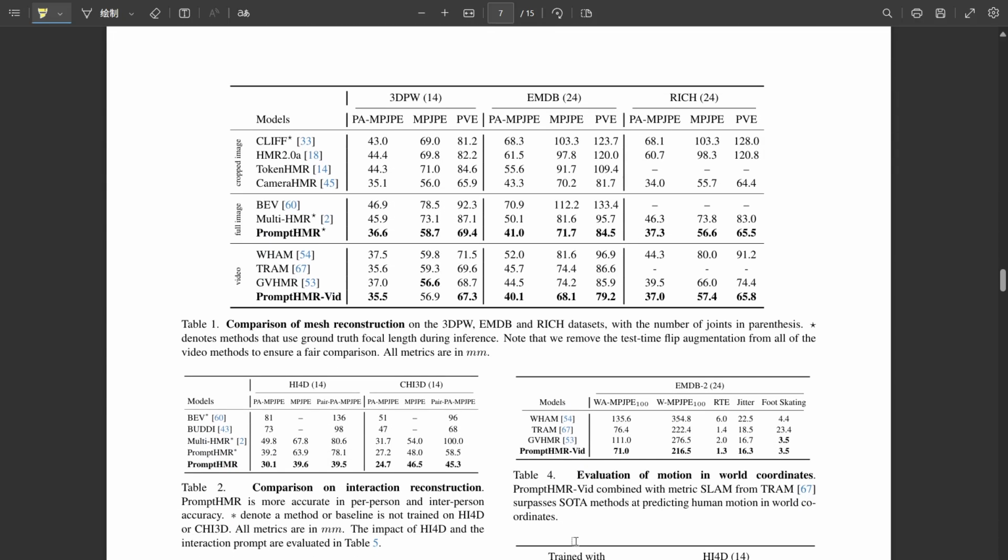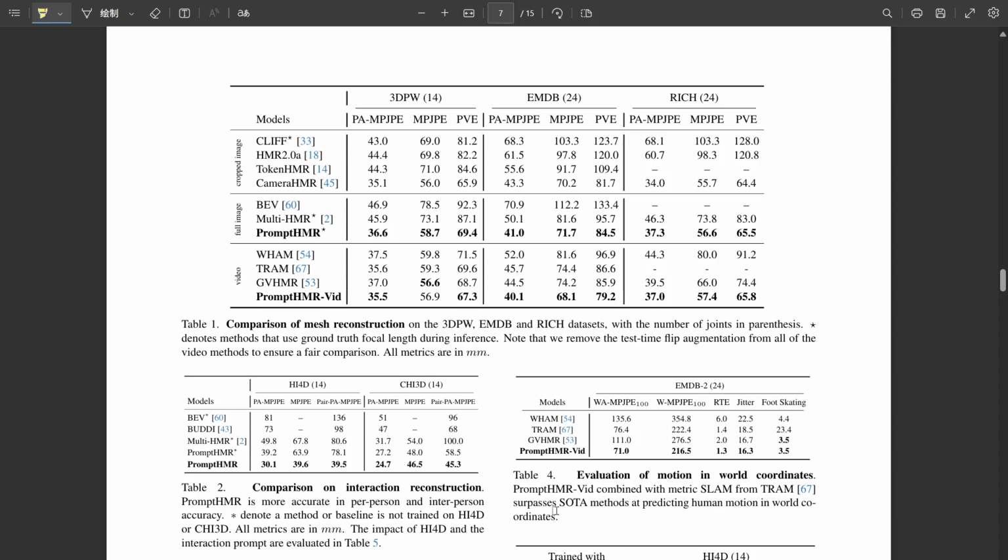And the result? The result is state-of-the-art accuracy across the board on standard benchmarks. It often matches or even beats the best crop-based methods on single-person metrics, but crucially, it shows vastly improved robustness and accuracy in those challenging multi-person scenes.